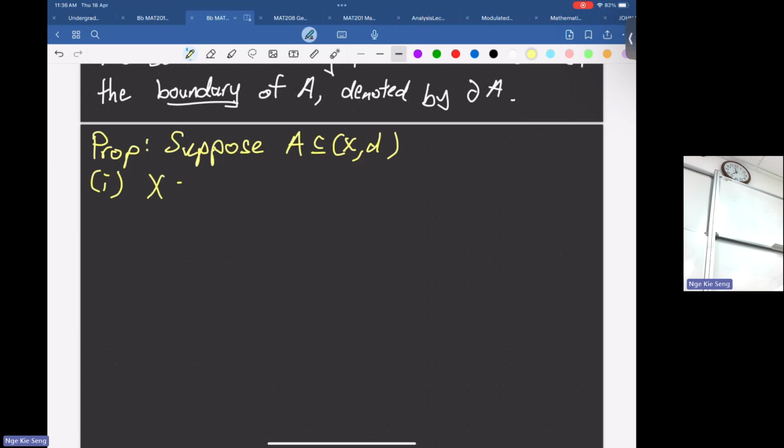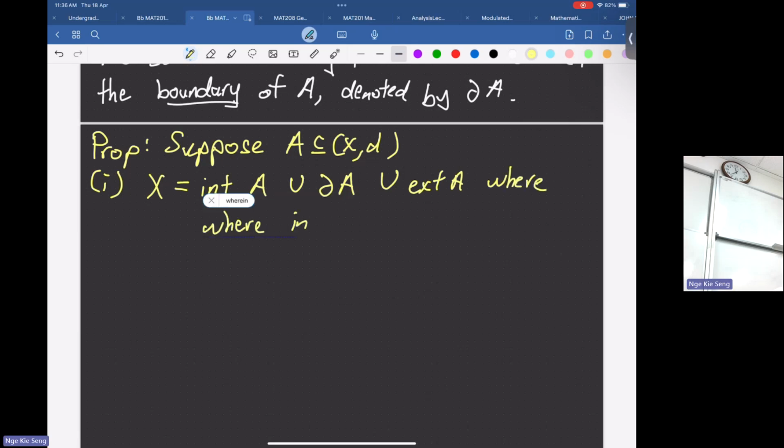Actually you can prove that your metric space can be decomposed into int A union boundary of A union exterior of A, such that they are mutually disjoint. So their pairwise intersection is empty. Let me write all of them.